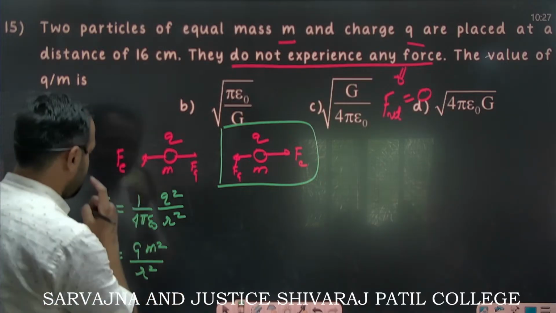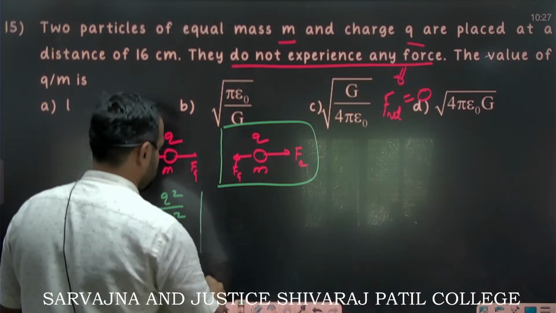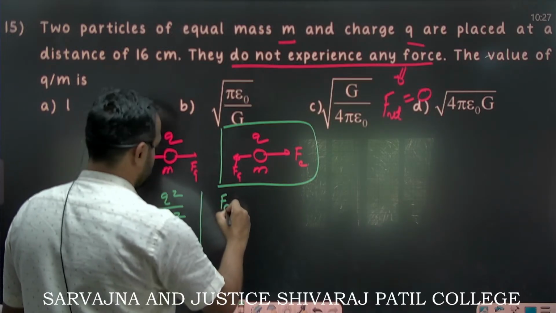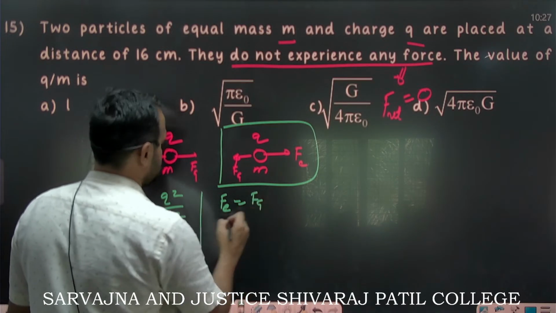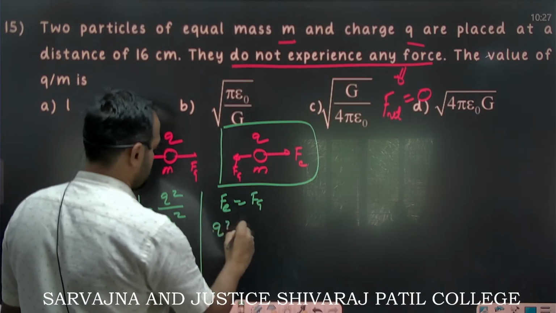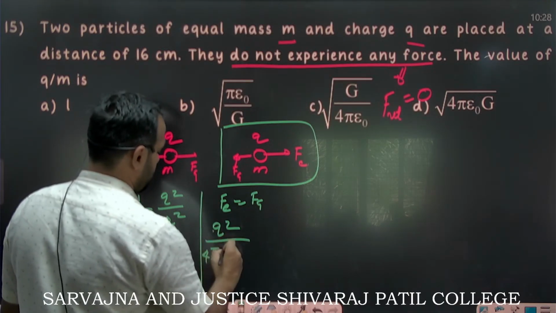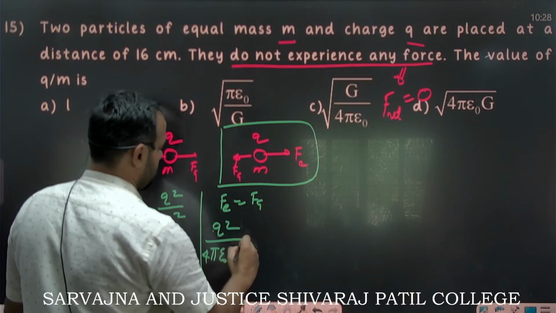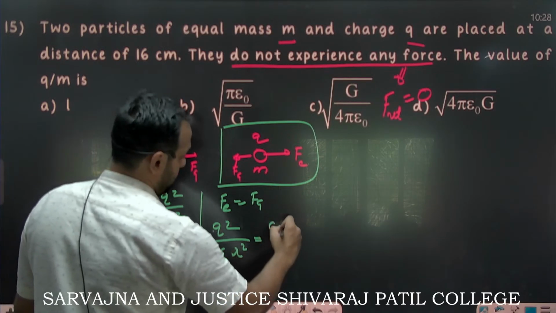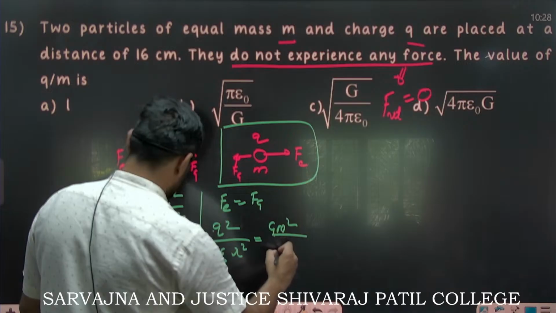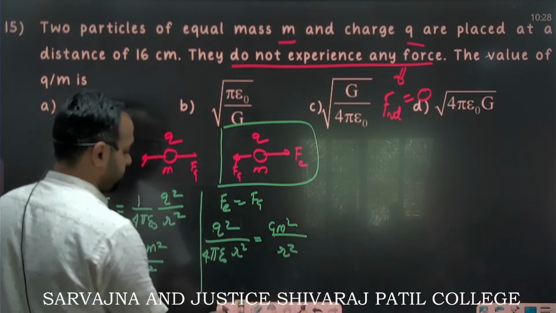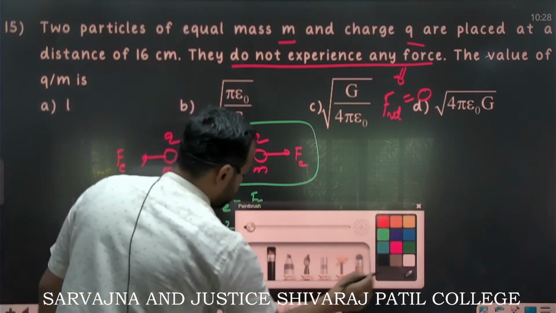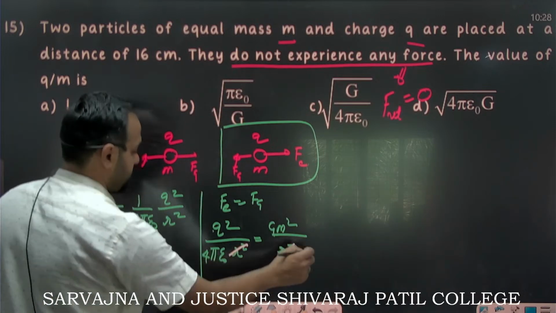If we equate both, we get Fe is equal to Fg. You will get q square divided by 4 pi epsilon naught r square equal to G m square divided by r square. Both sides r square gets cancelled.